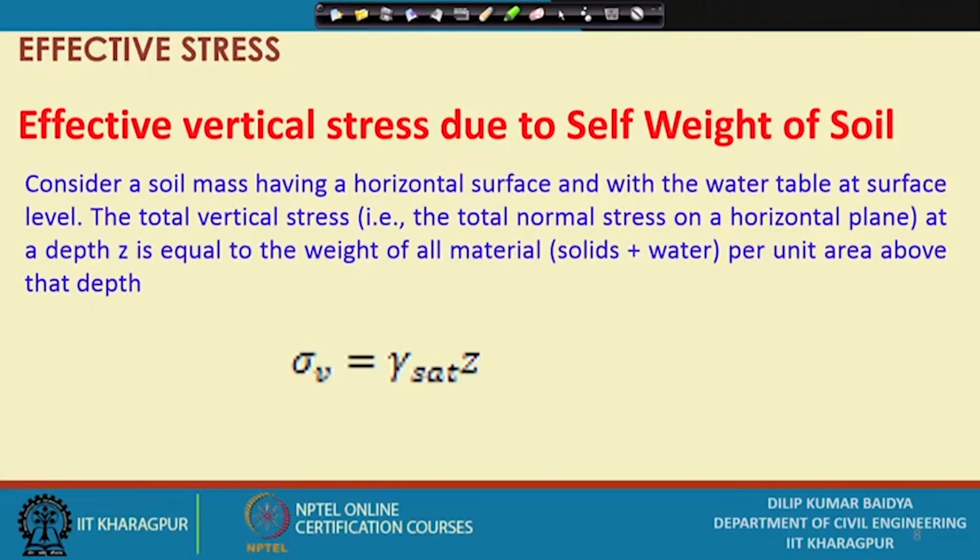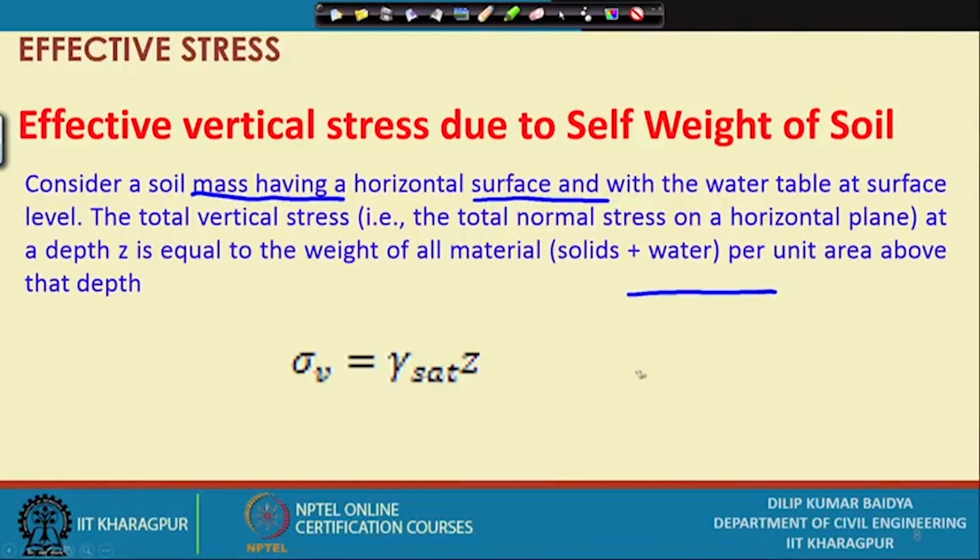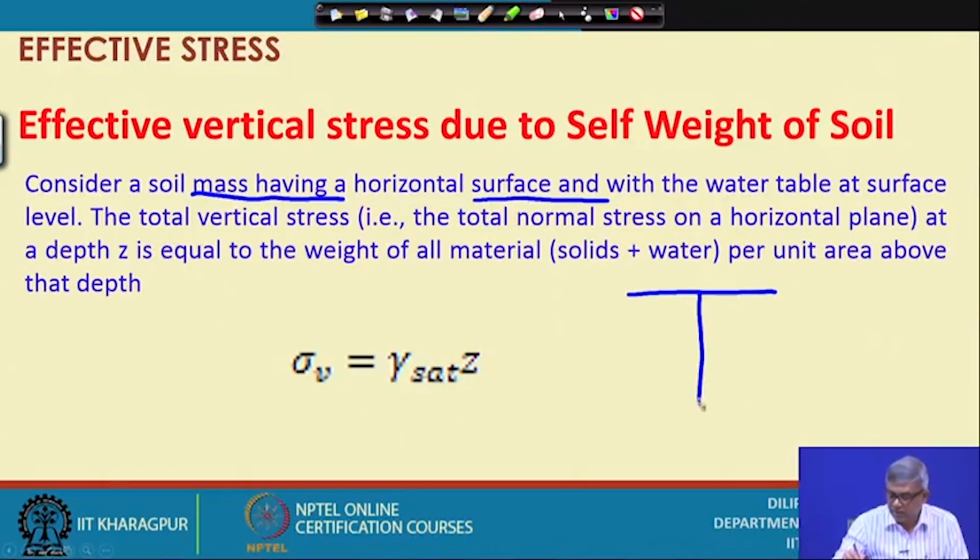So, consider a soil mass having a horizontal surface with the water table at surface level. Take the total vertical stress, that is, the total normal stress on a horizontal plane. Suppose the soil mass is extending here, and I will just draw a line here.